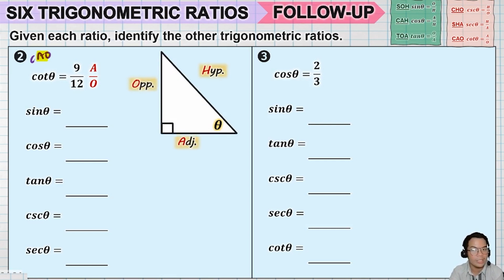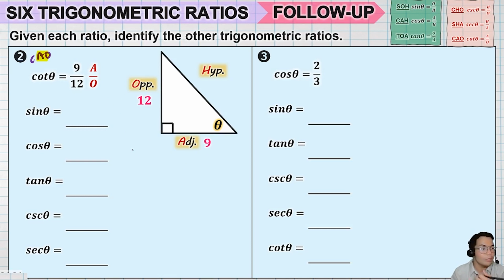This is all the same right triangle that we have on example number 1. But the only difference here is the values of the sides. Because right now, the value of our adjacent side is 9 and our opposite side is 12. So we put our opposite side here, 12, and our adjacent side here as 9.